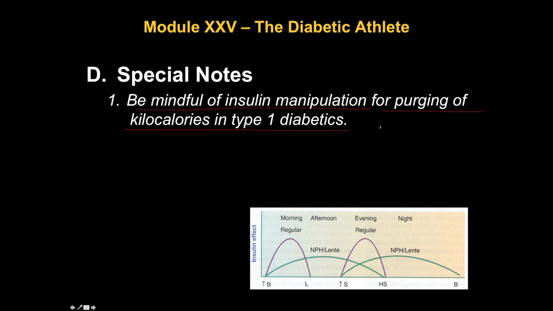So they can actually try to purge some calories that way. And so we do want to be careful of this with the diabetic athlete if they're suffering from some sort of eating disorder or disordered eating, and they're trying to regulate the amount of kilocalories that they're consuming.